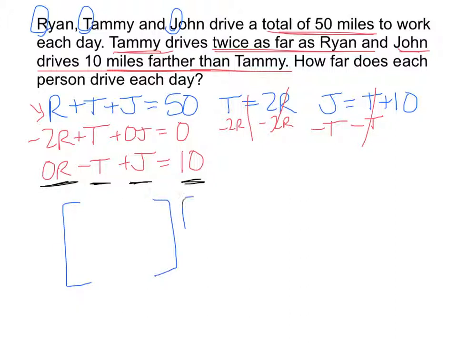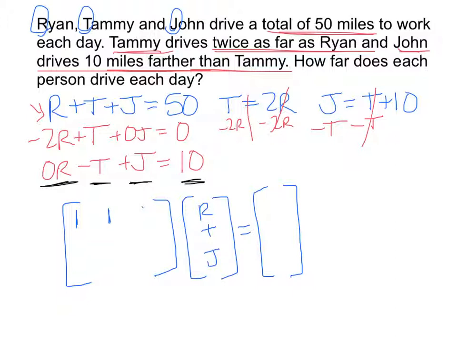Coefficient matrix, variable matrix, and result matrix or constant matrix. So since we have 3 variables, and the order I have them written in is Ryan, Tammy, John, that's the order I need to write them in my variable matrix. So we have 1 Ryan, 1 Tammy, and 1 John, and they equal 50.